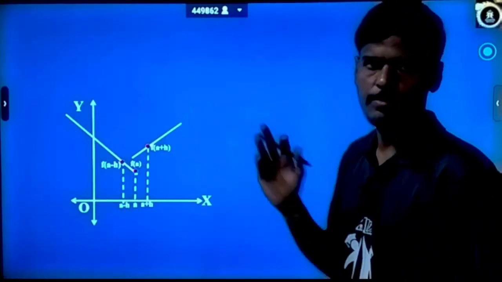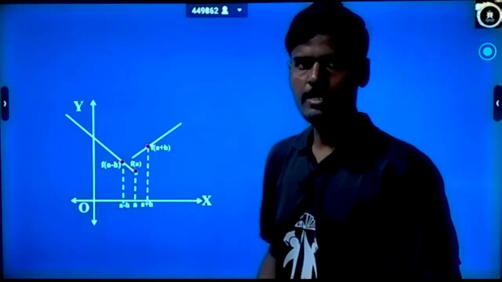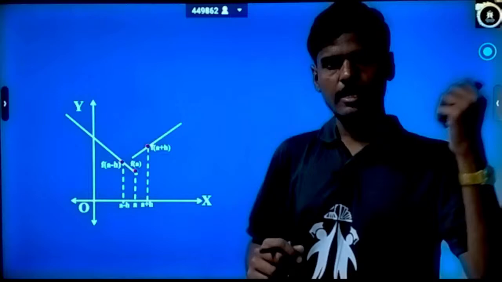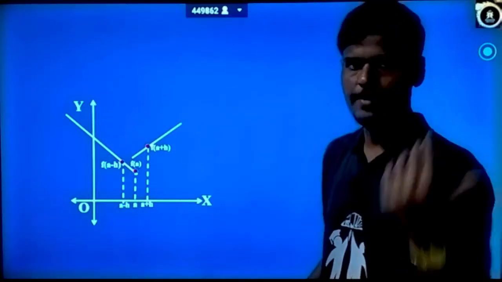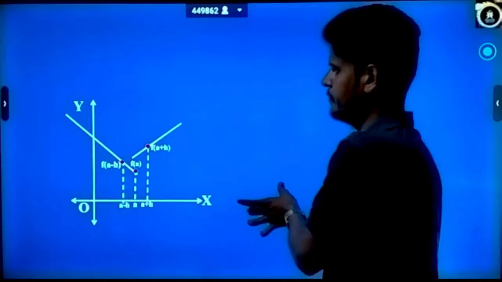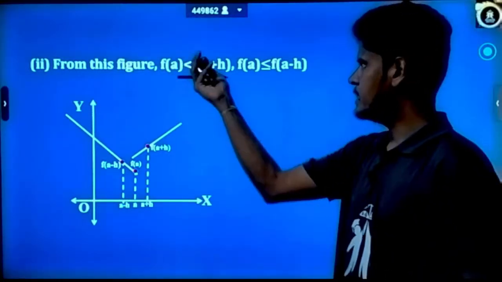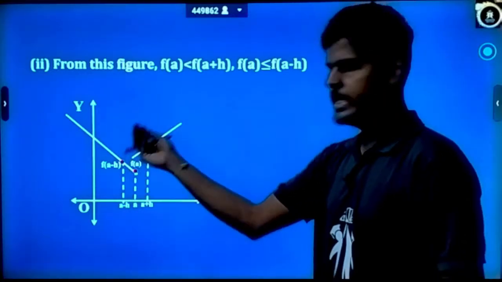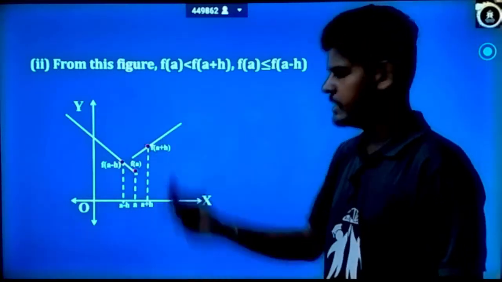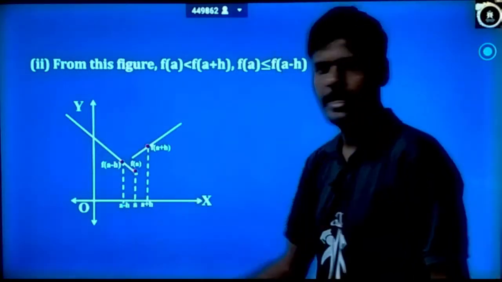So we always need to remember the basic definition while finding this. For a discontinuous function, we will just calculate the limits, the left hand limit and right hand limit, f of a minus and f of a plus. So what is the understanding? F of a is less than f of a plus h. Obviously f of a plus h is greater than this. Similarly, f of a is less than or equal to f of a minus h.